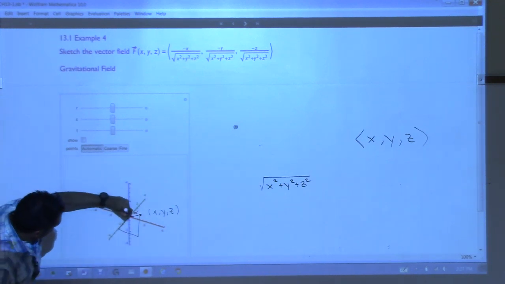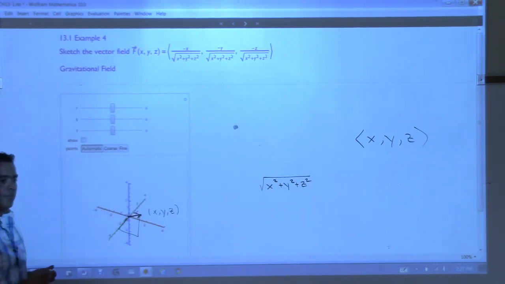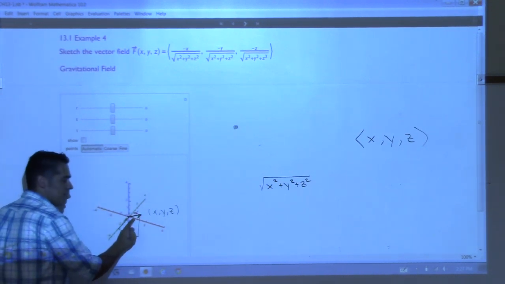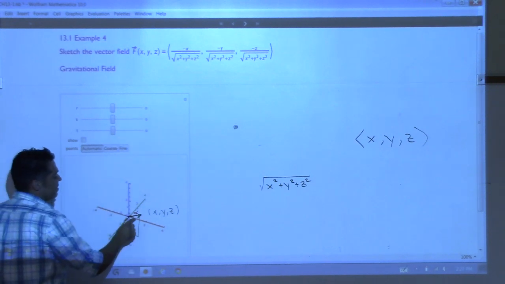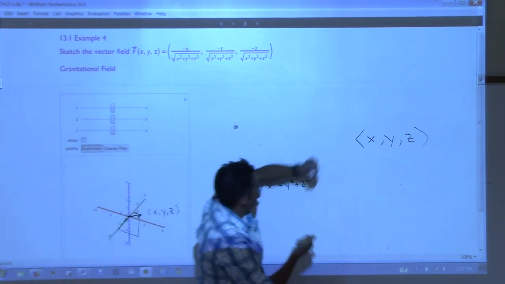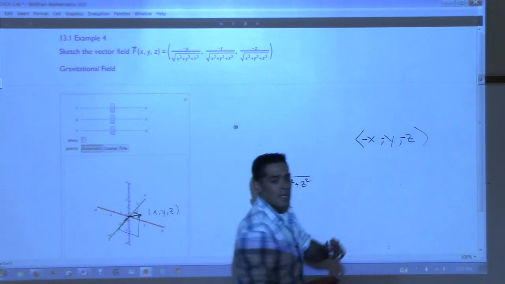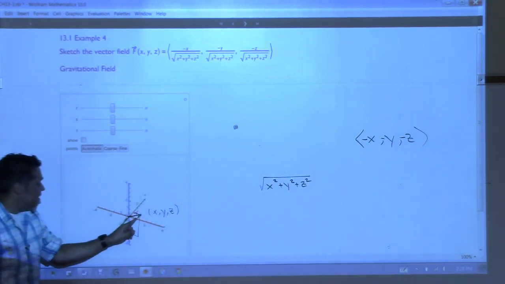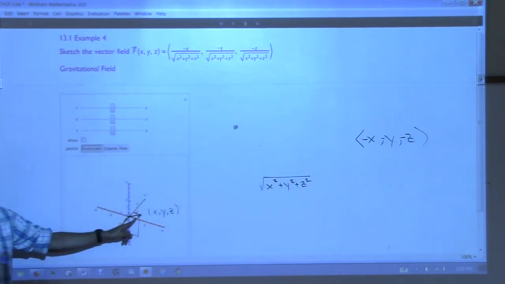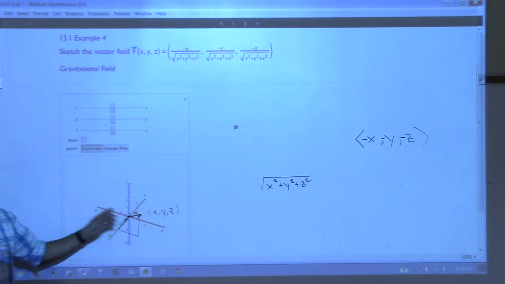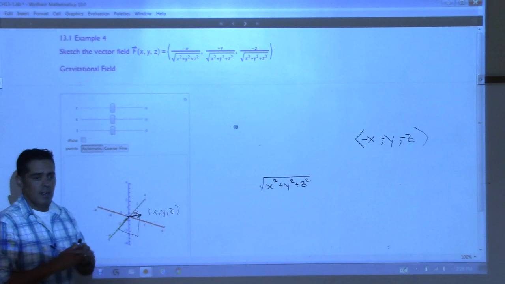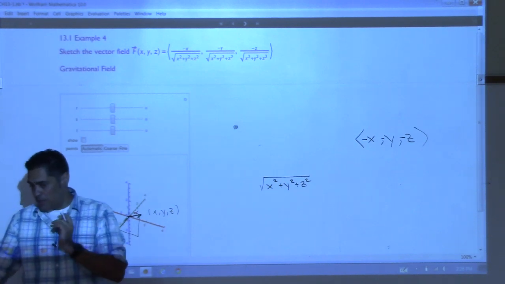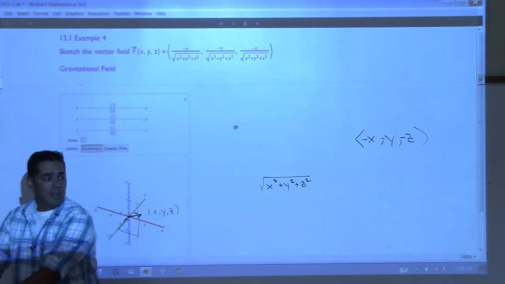It would be the vector that goes from the origin to that point. So this is spitting out a vector that points in the opposite direction of this, the negative, negative, negative. That would point in the opposite direction of this vector, but it would have a unit length of 1. So if you move out to any point in the space, it's going to draw you a vector that points back to the center and has a length of 1.